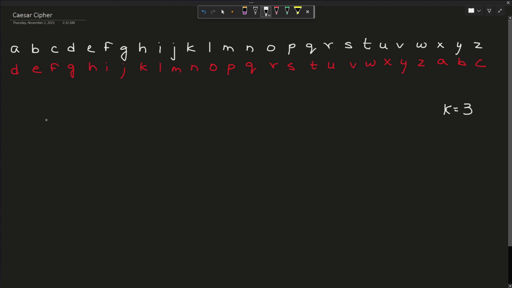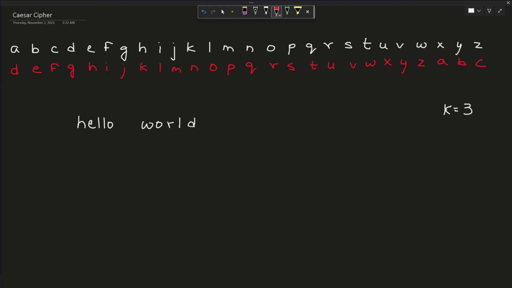Now, for example, let's say we have a plain text over here. The plain text we want to encrypt is hello world. How would we encrypt hello world? We would look at this table we have created.